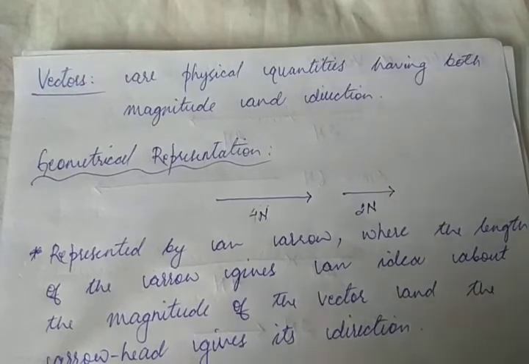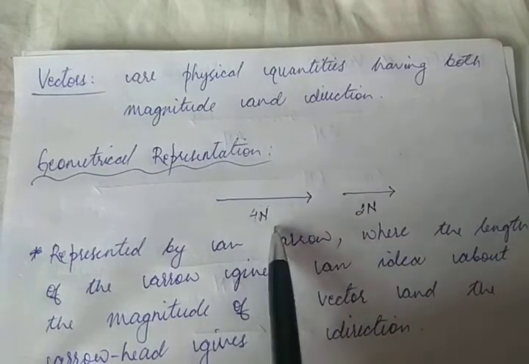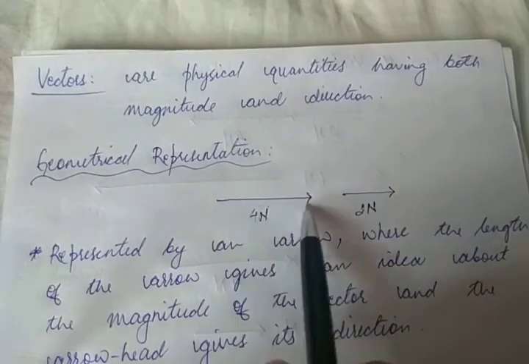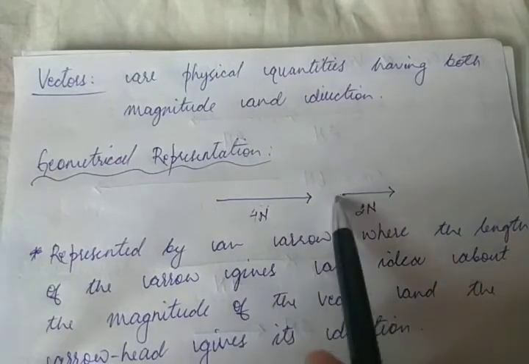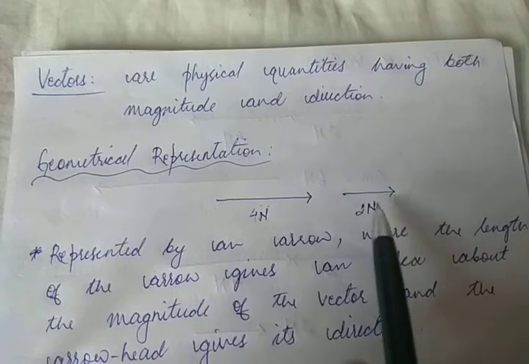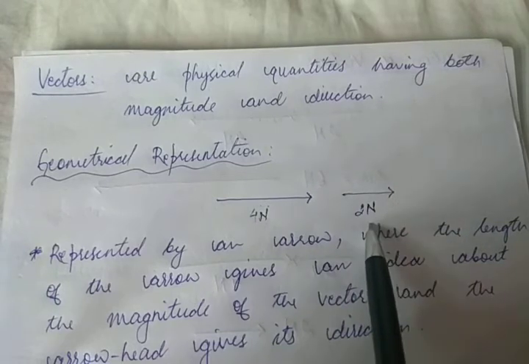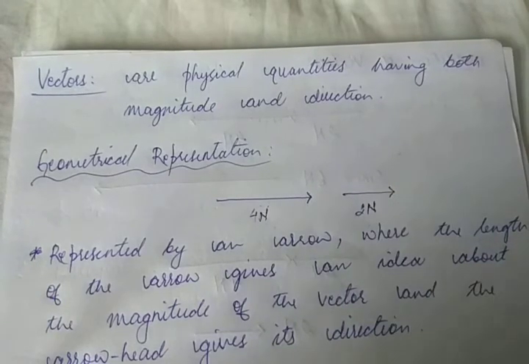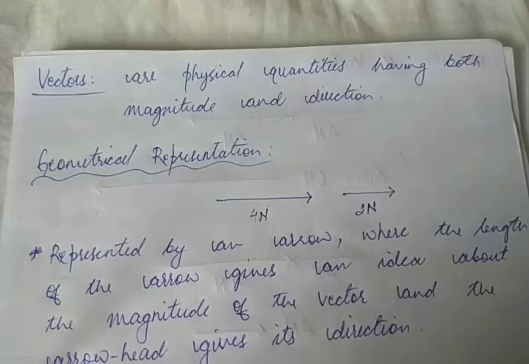So to say, if this arrow represents a force of 4 Newton, then almost half, I have not measured it exactly, of this vector has to be a force of 2 Newton, and for convenience I have shown this force also to be in the same direction.